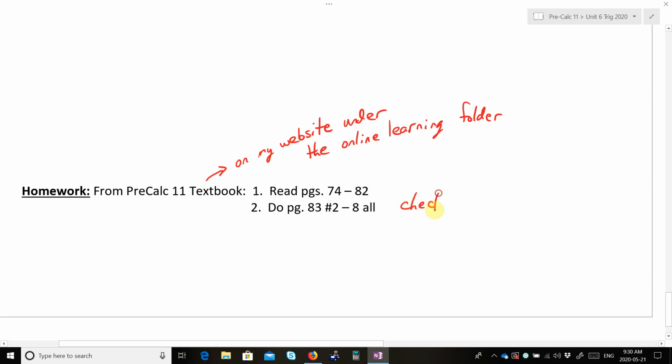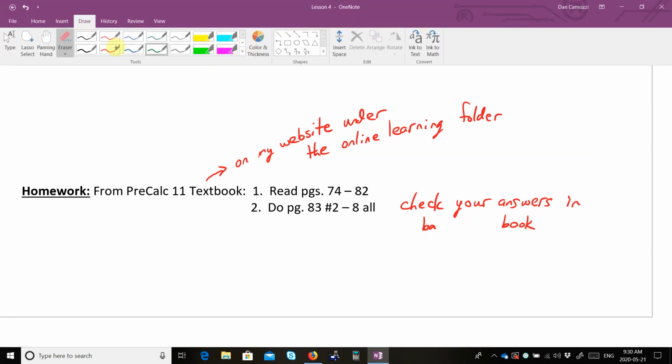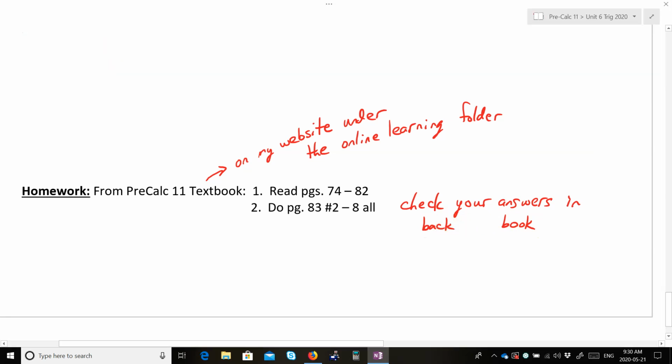You can check your answers in the back of the book. I'll also do a video showing the solutions to those and send them to you later in the week.